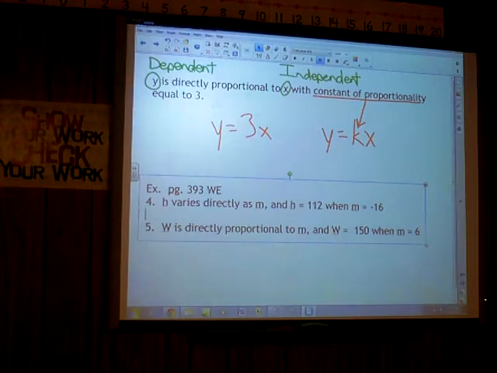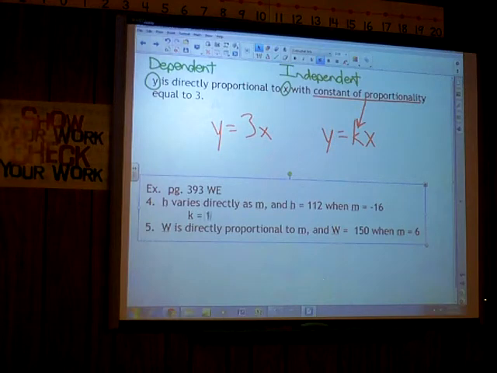So, number 4. Everyone's finished here. What's our dependent variable? H. So our independent variable would be m. So that means our constant is what? Elizabeth? -7.